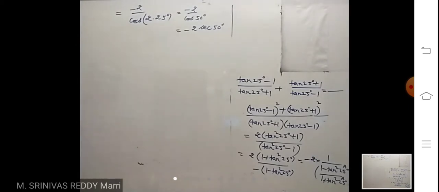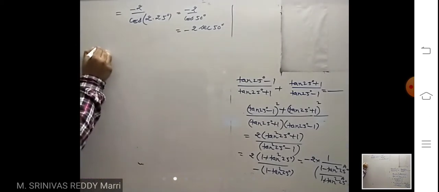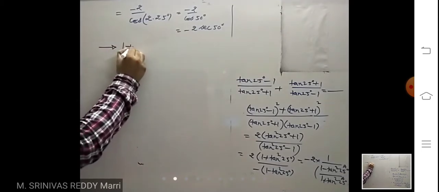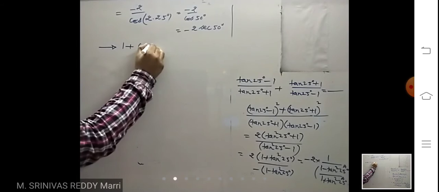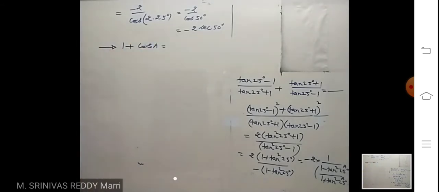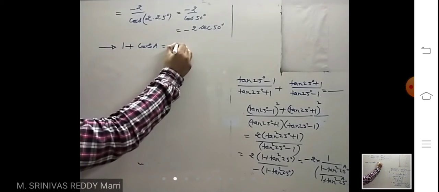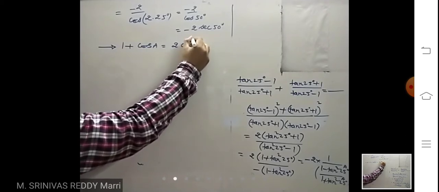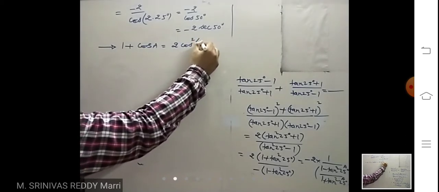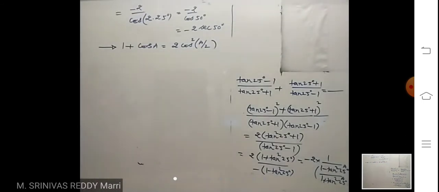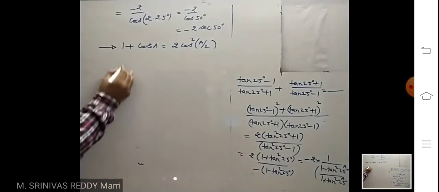Now look at the next proposition. Whenever 1 plus cos of some angle is there, you will get this number of times in problems. 1 plus cos a is nothing but 2 cos square a by 2.